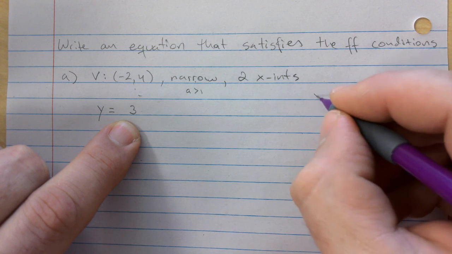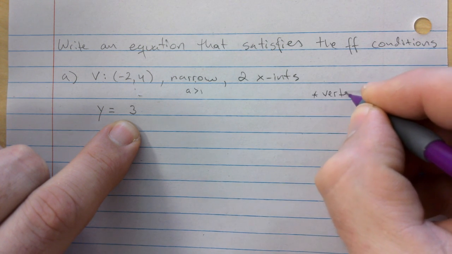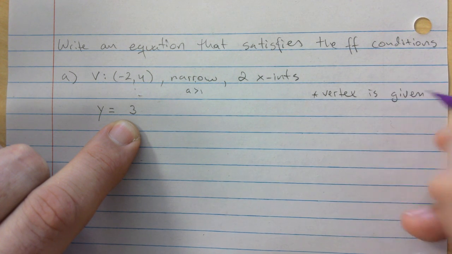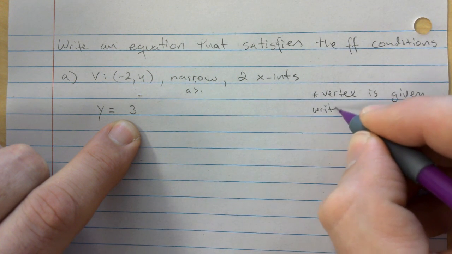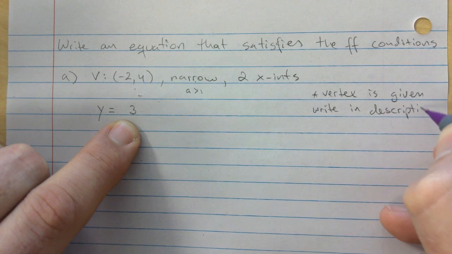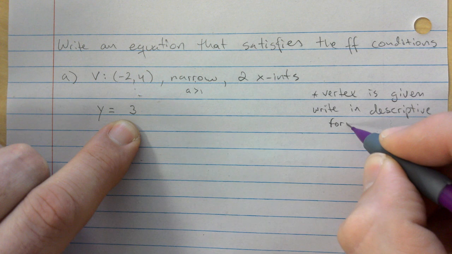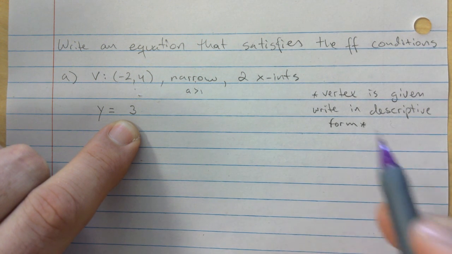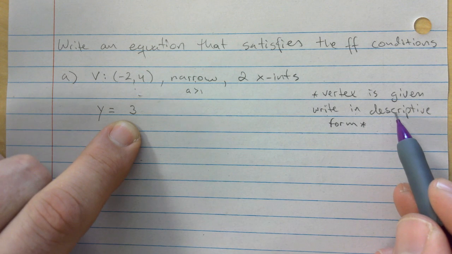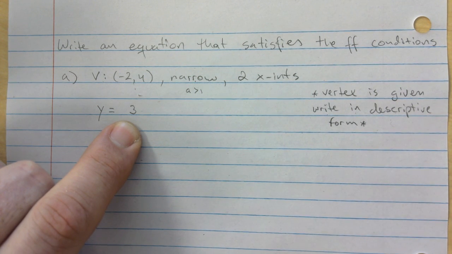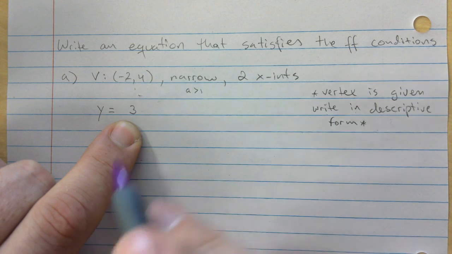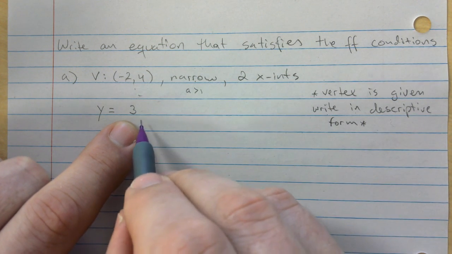I will make a note here: vertex is given, so I'm going to write it in vertex form, because I know we've done this before in standard form, but if the vertex is given, you want to go by that, right?